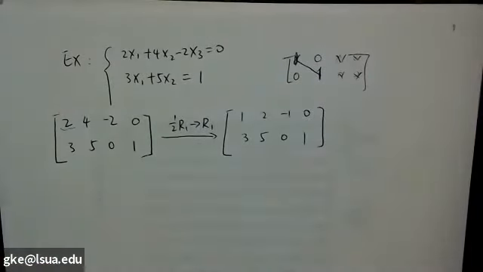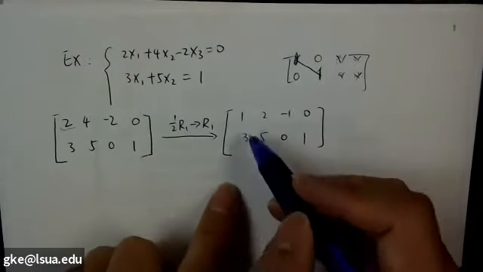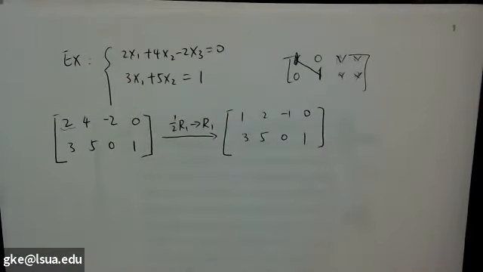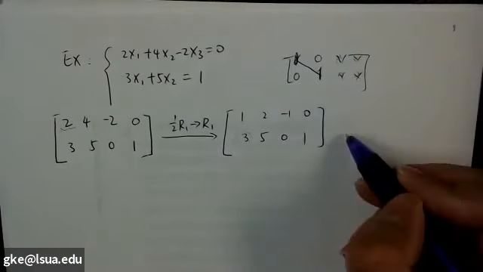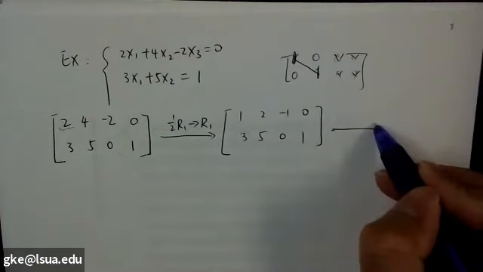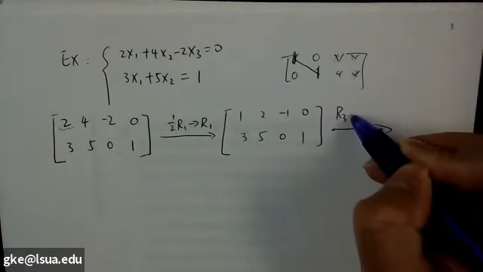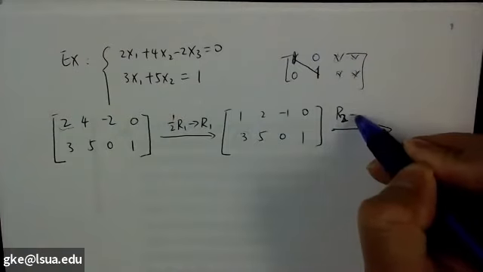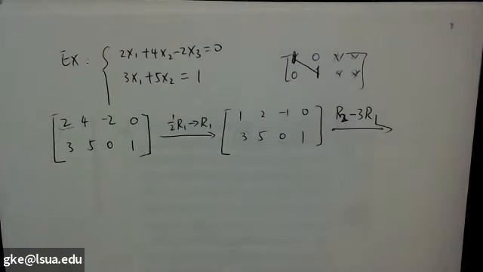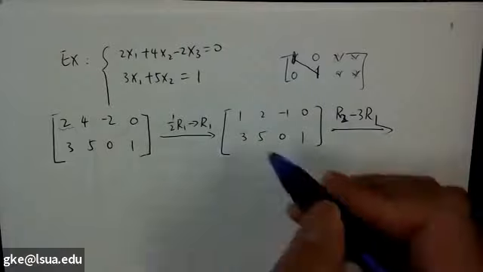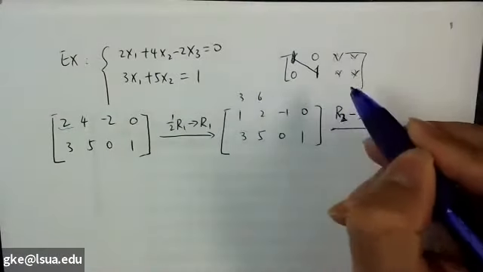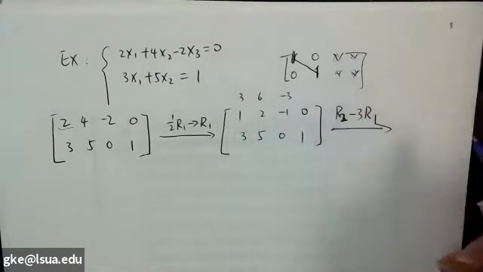Right, and then we want to eliminate this entry, using the first equation. So 3 R2 minus 3 times R1, okay? And 3 is 6, 3, 6, 3, 0.